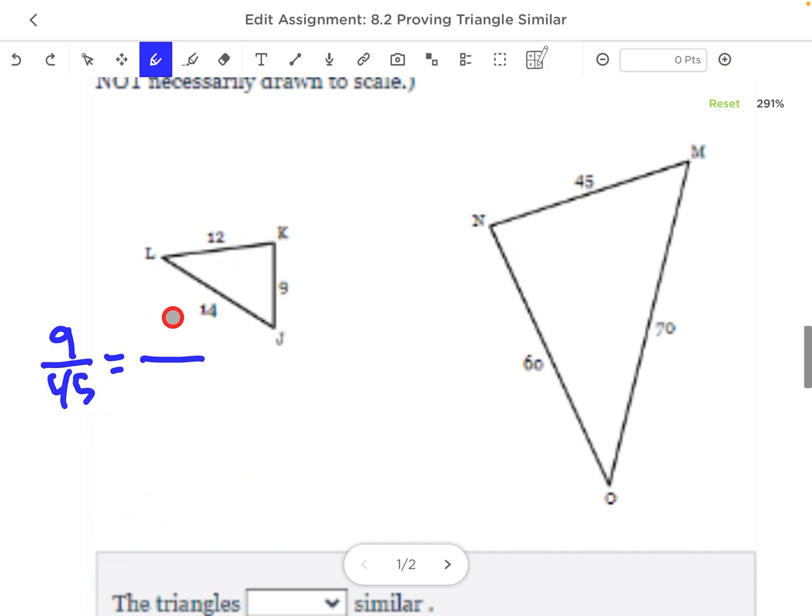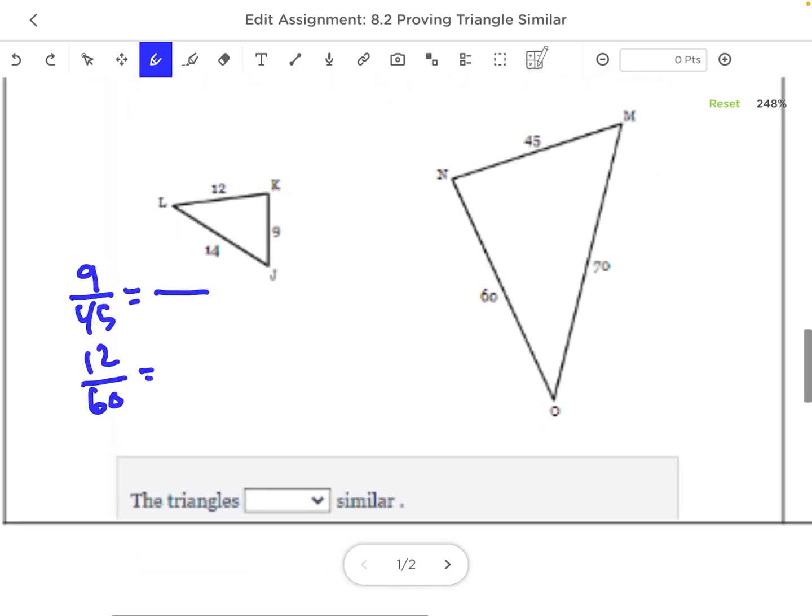So let's do the middle one. The middle number would be 12, so 12 over the middle one over here, which is 60. Now let's do the last one, the largest one. So 14 over the largest one over here, 70. Now what we're going to do is type these into our calculator.